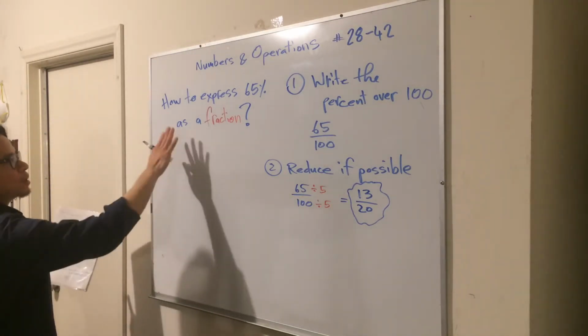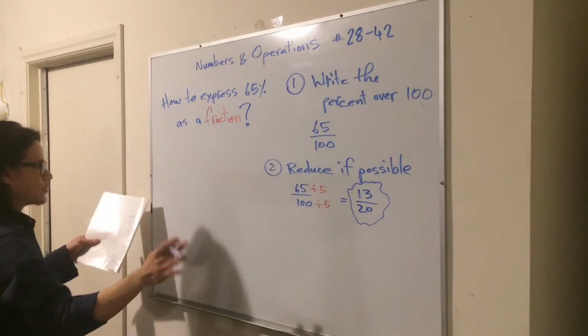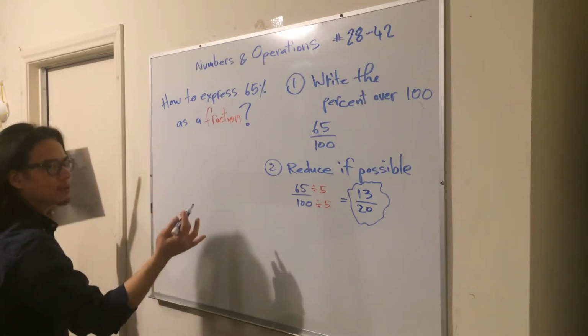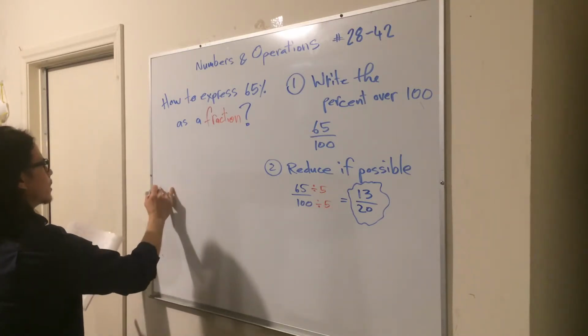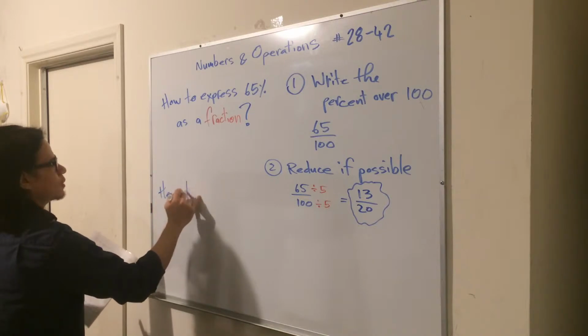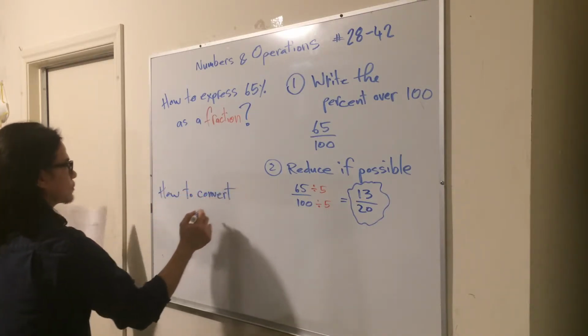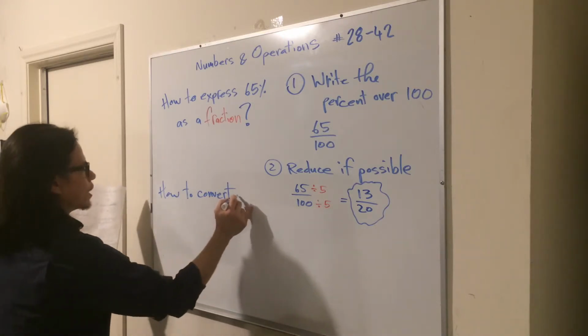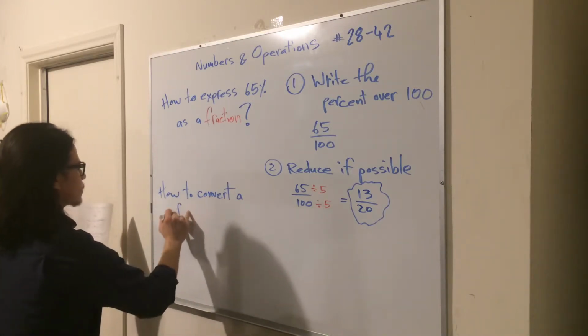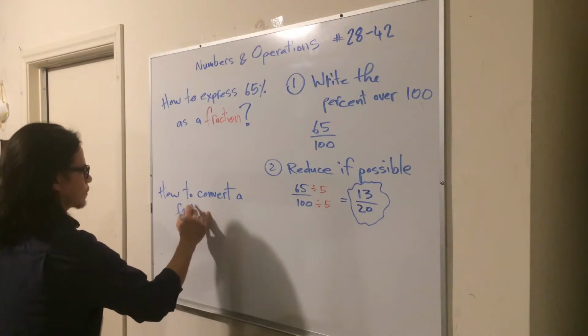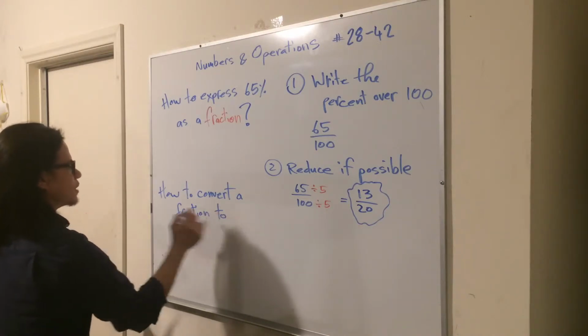Let's do the opposite of what we just did here. Let's convert a fraction to a percent, just for the fun of it. Okay? So how to convert a fraction to percent.